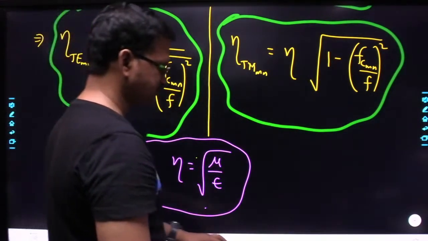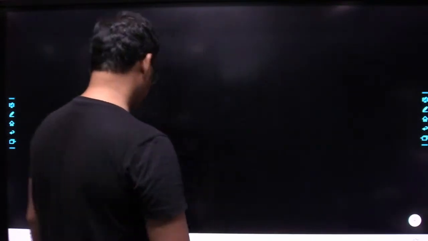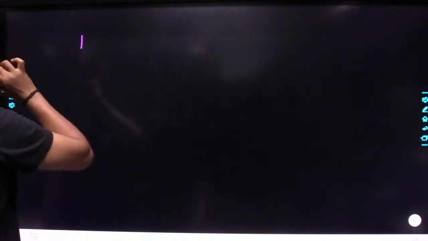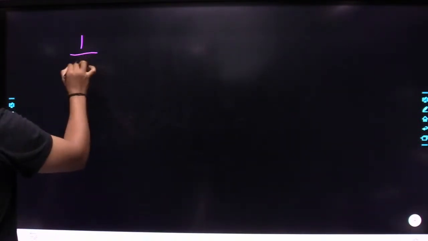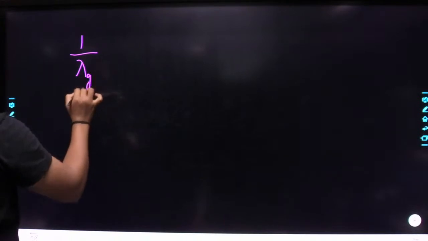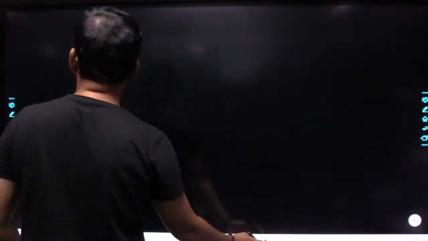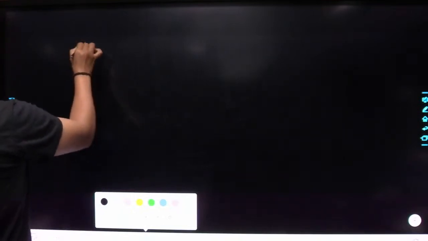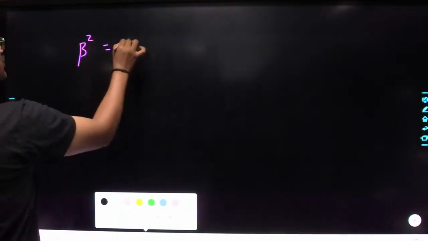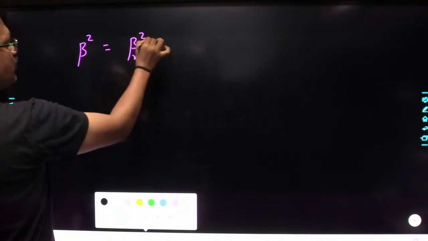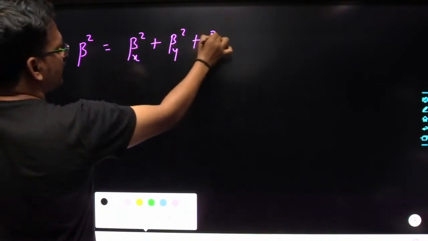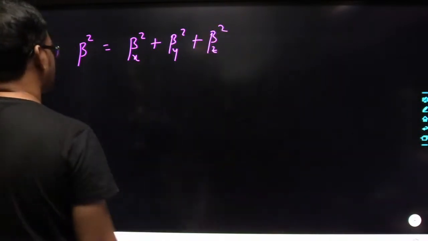Right. And we are having the relation with the guided wavelength. I'll get that relation here. See, in rectangular waveguides you are going to have all the field components, that is x component, y component and z component, right?